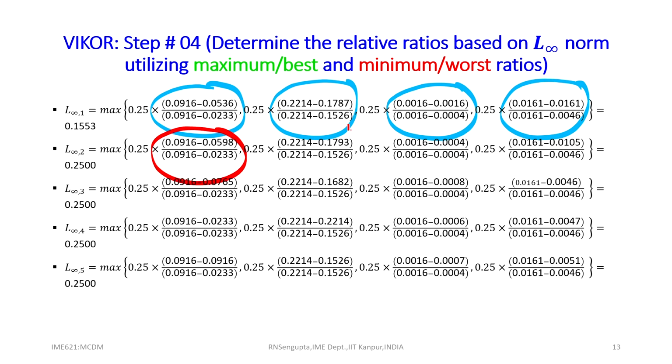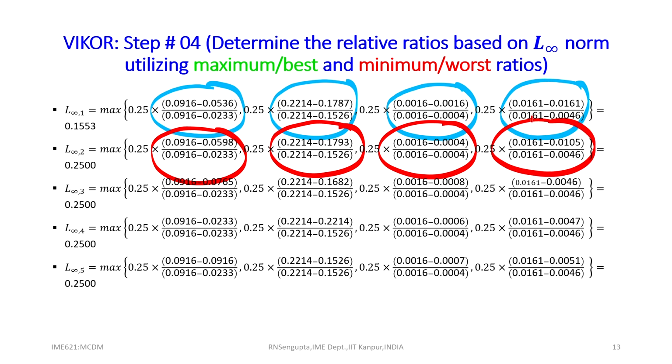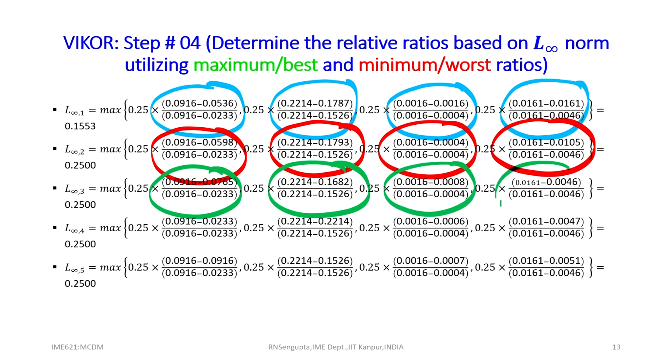This is for the first criterion, second criterion, third criterion, fourth criterion, and the red color means for the second alternative. Similarly, the green one I am marking is for the third alternative. Similarly, I can mark for the fourth one and the fifth one, and finally, once done, multiply the weights.